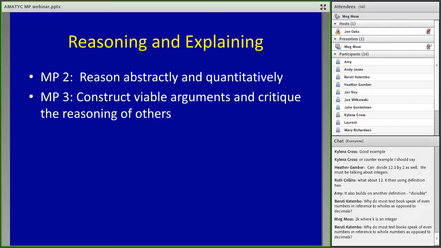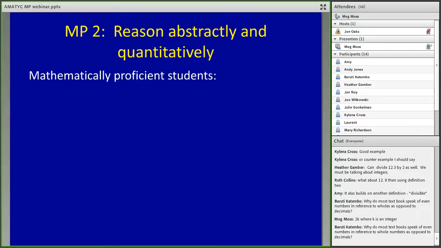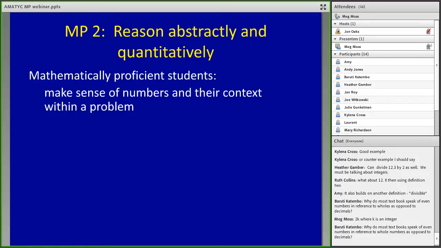Are put in the broader category of reasoning and explaining. So MP2 is reason abstractly and quantitatively, and MP3 is called construct viable arguments and critique the reasoning of others. Okay, so let's look more deeply at each of those. So MP2 says that, again, this isn't word for word, this is interpreted.